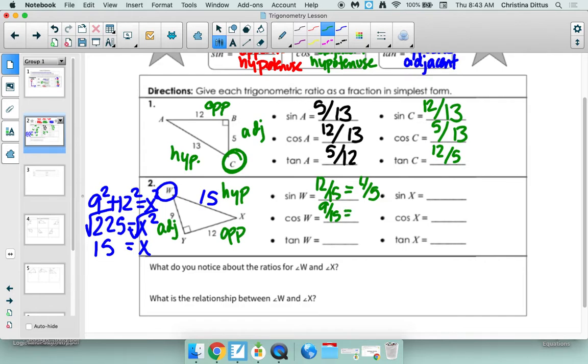Yeah. 3 goes in there again. 3 fifths. Tangent in words, my TOA, is what over what? Opposite over adjacent. So in this case, numbers 12 over 9, which is 4/3.